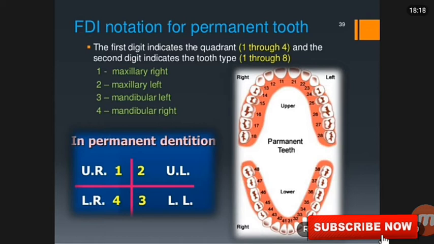For the upper right first molar it will be 16. The upper right first premolar will be 14, and for the lower right first molar it will be 46, and the lower left third molar will be 38.